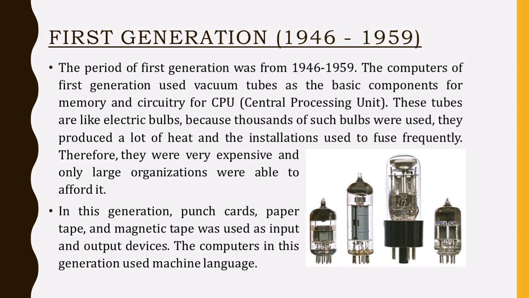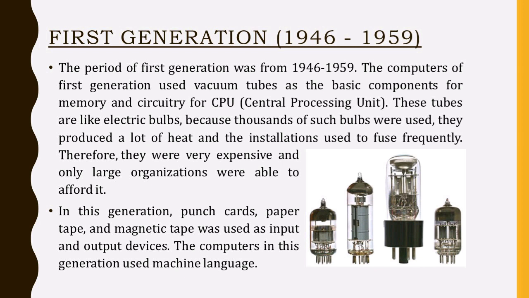The period of first generation of computer was from 1946 to 1959. These computers used vacuum tubes as their basic components for memory and circuitry for the CPU. These tubes are like electric bulbs. Because thousands of such bulbs are used, they produce a lot of heat and the installation used to fuse frequently.